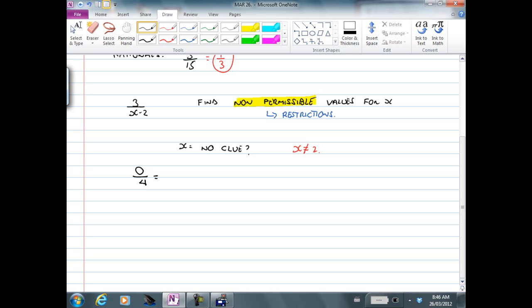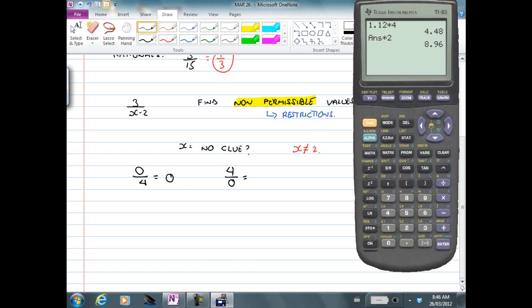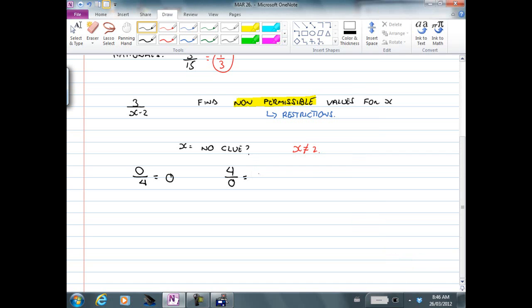Malika, what's 0 divided by 4? 0. Very nice. But what if I go 4 divided by 0? Punch it in your calculator and try it out. It says error, dividing by 0. So the answer here is DNE, which means does not exist.